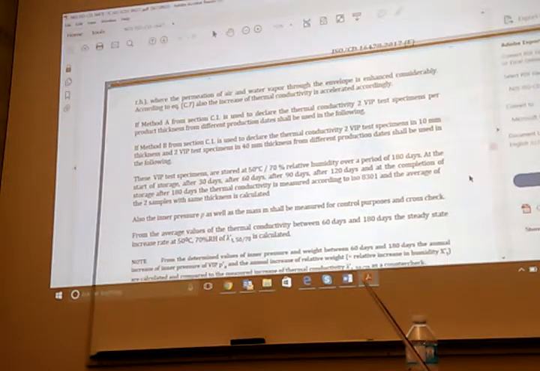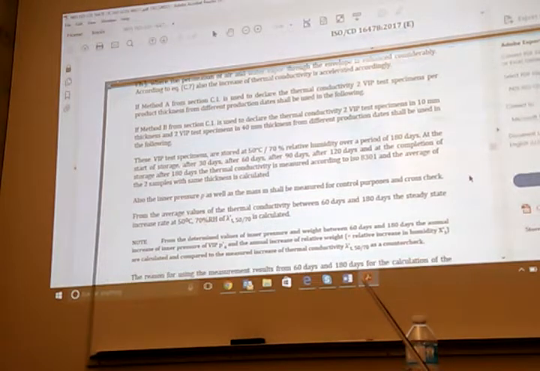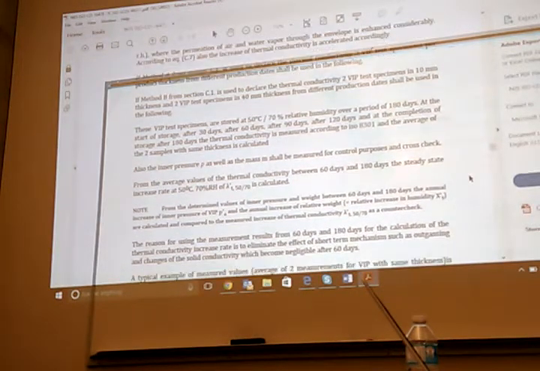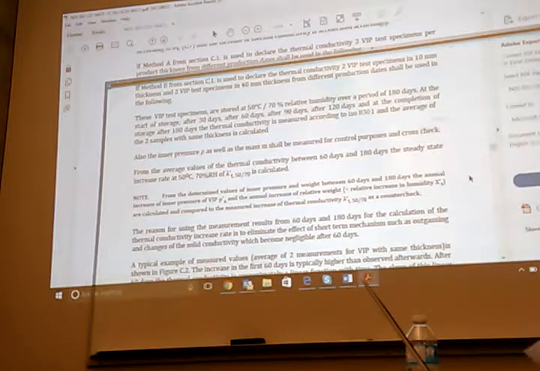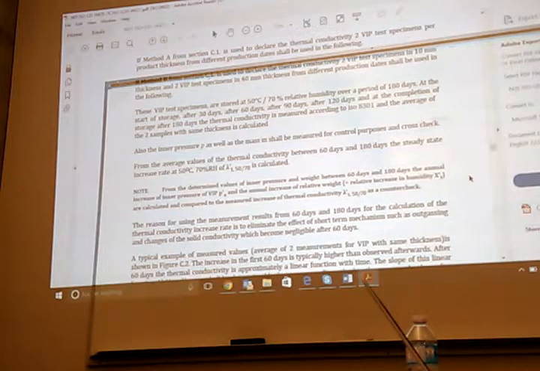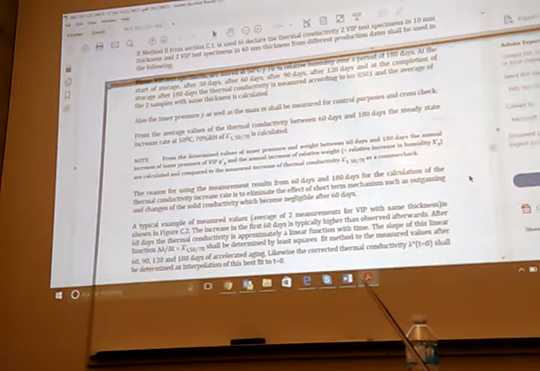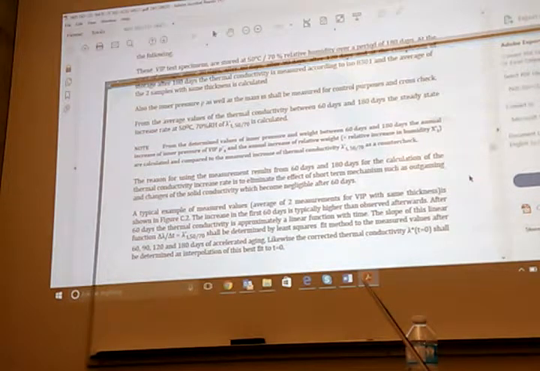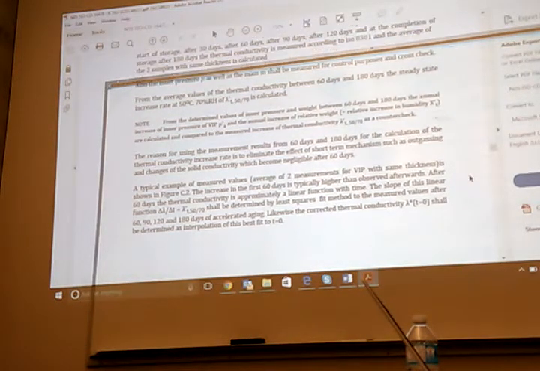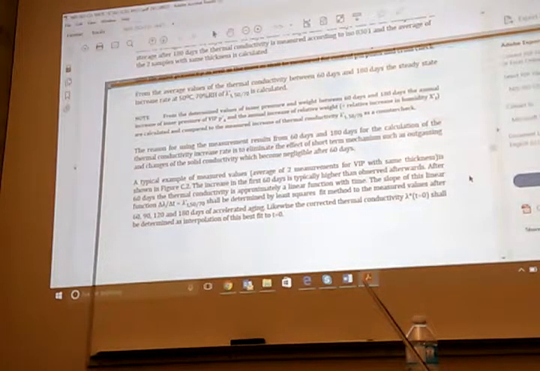Okay. From the average values of the thermal conductivity at 60 and 80 days, the steady state increase is calculated. From the determined values of the inner pressure and weight between 60 days and 80 days, the annual increase of inner pressure and annual increase of weight are related to the calculated increased thermal conductivity as a counter check. The reason for using the measurement interval 60-80 days for the calculation of the thermal conductivity increase is to eliminate the effect of short-term mechanisms such as outgassing and changes of the solid conductivity, becoming negligible after 60 days.